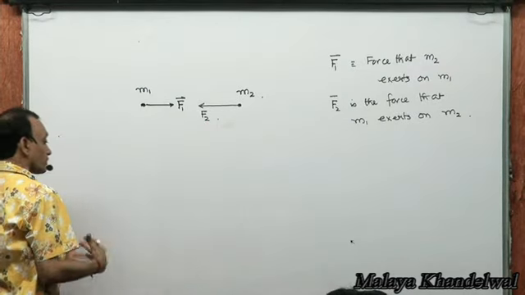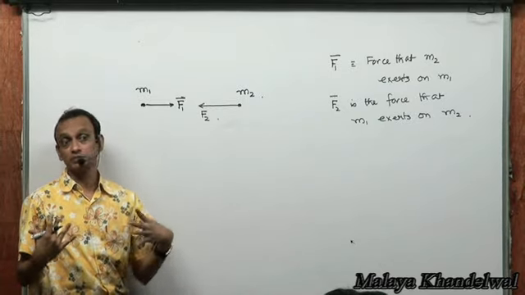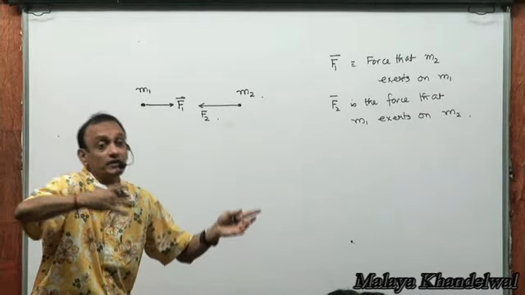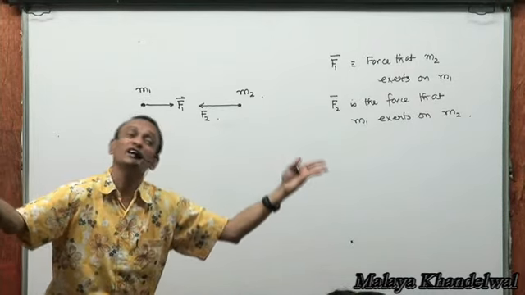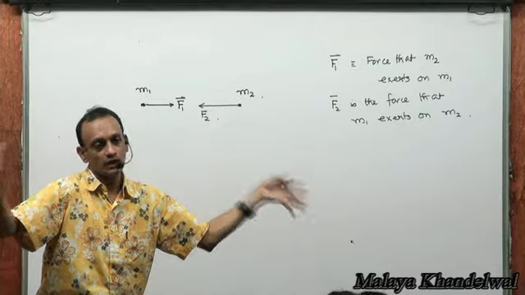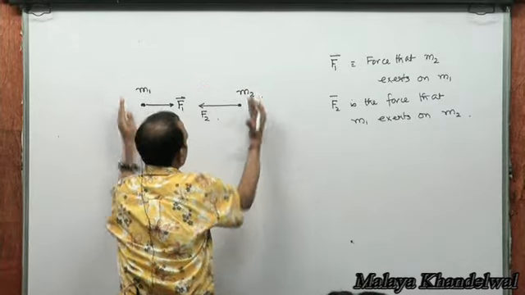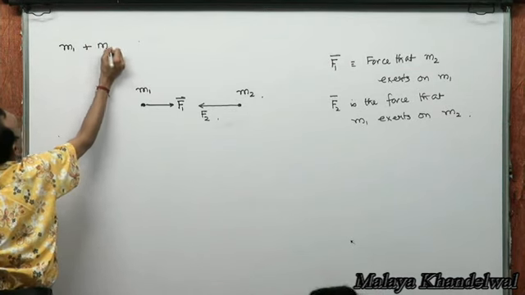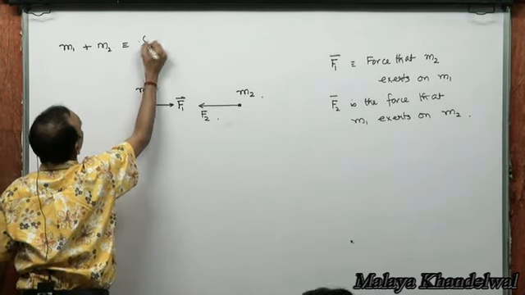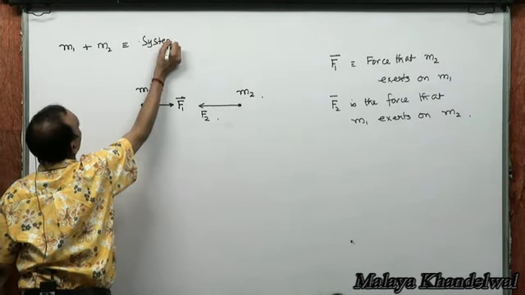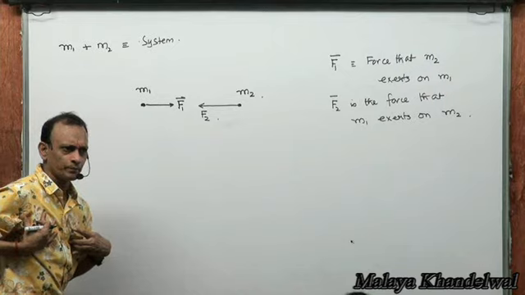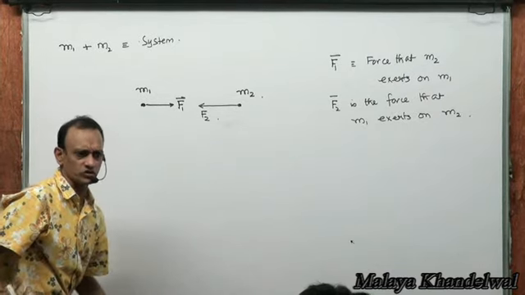Now, in addition to mutual interactions, all the forces that act on M1 or M2 or both are external forces. If M1 plus M2 is considered to be a system, it's my choice. What I call a system is my choice.